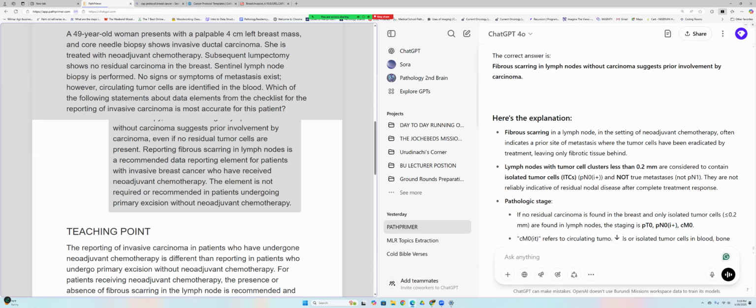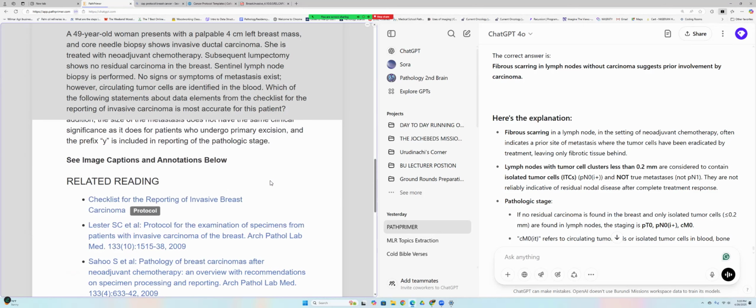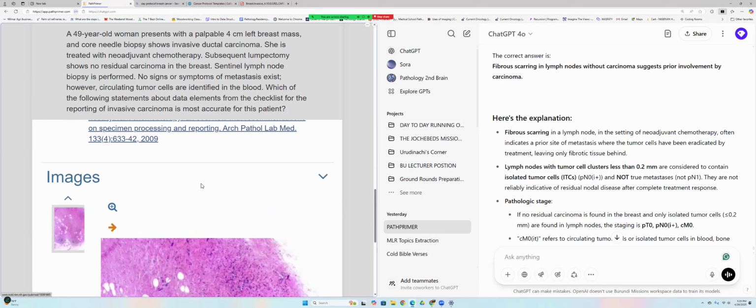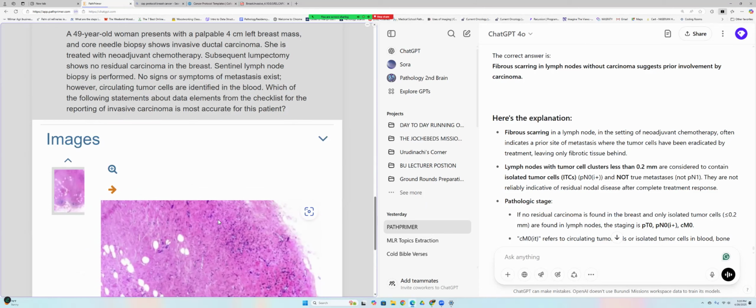They are not reliably indicative of residual nodal disease after complete treatment response. So if the tumor cells are less than 0.2 millimeters, isolated tumor cells, we don't count them as true metastasis. Not to talk of even if they're in the blood. So that's why this will be ypN0, ypT0 and 0.